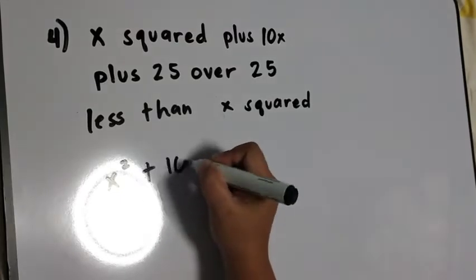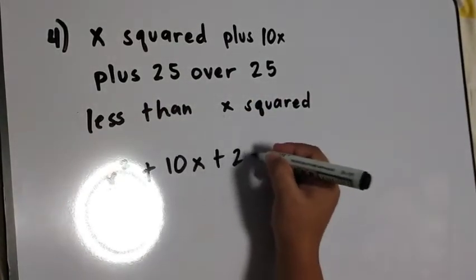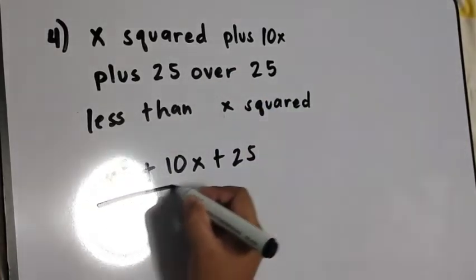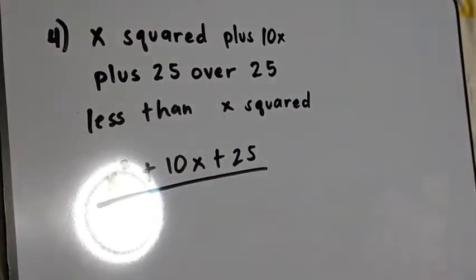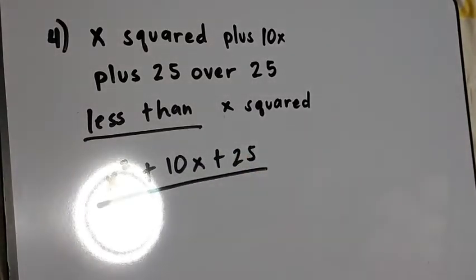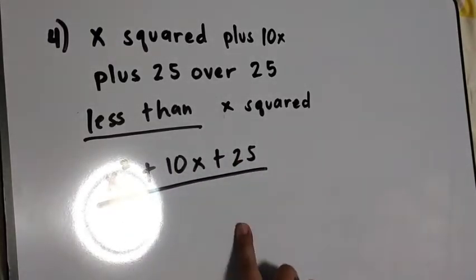So, plus 10x plus 25 over, so meaning that is the fraction bar, 25 less than x squared. Now, we have here less than. Less than, the operation is subtraction. But, okay, we will not write this one as 25 minus x squared.